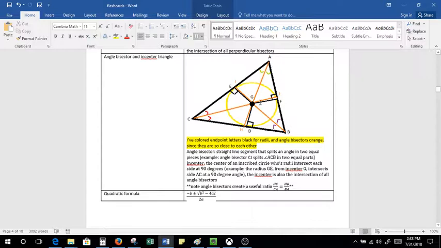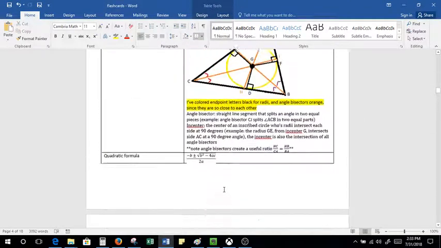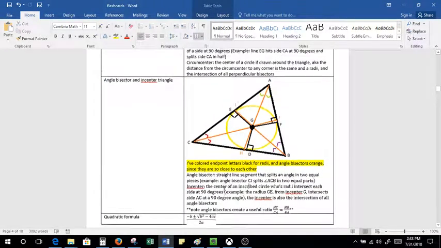The last note I want to make about this is don't be confused between the radii and the angle bisector. There's a reason that I've color coded this. Yes, they can be very close together. They are not the same point. And then next we will move on to the next piece.